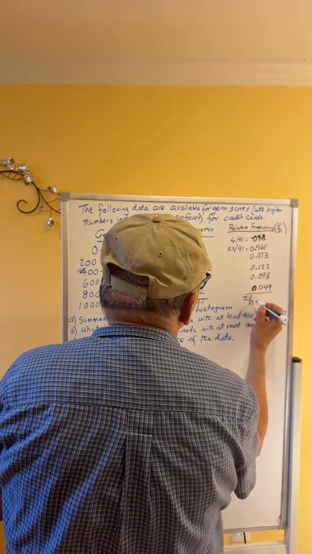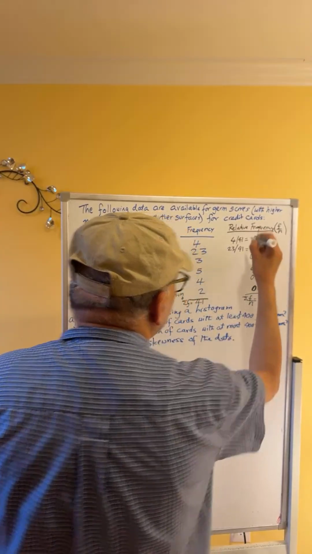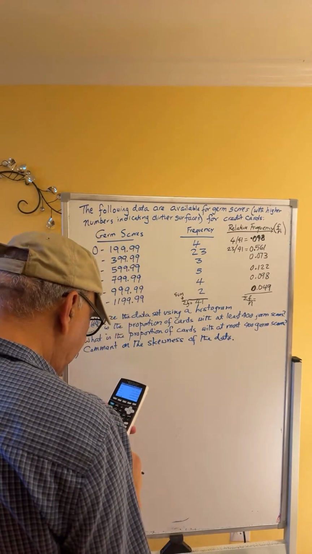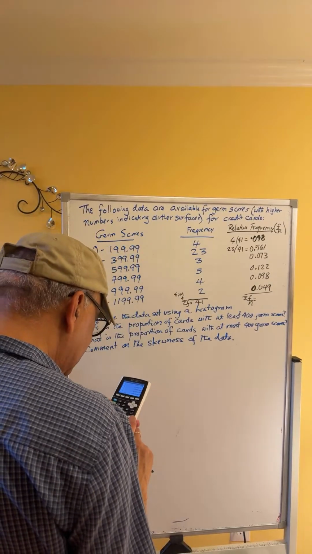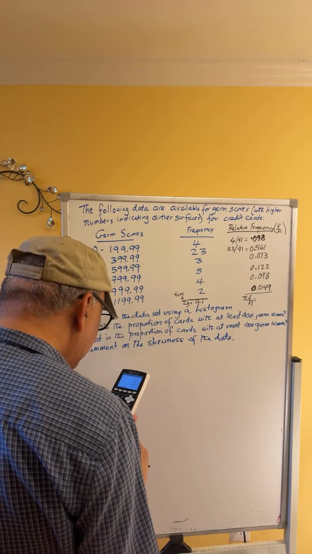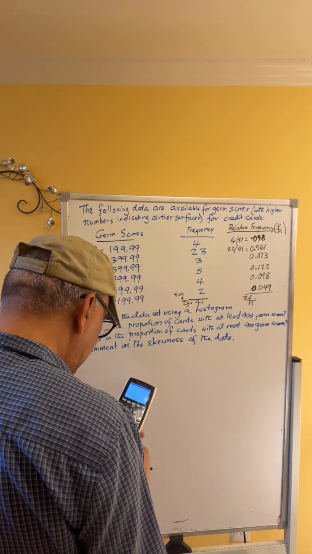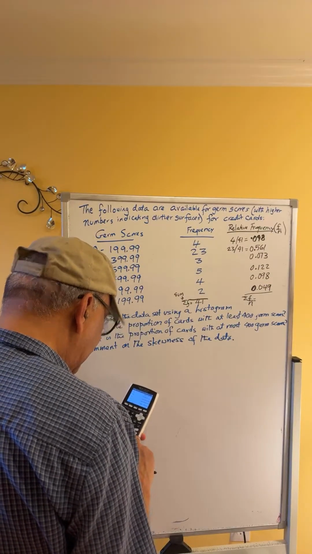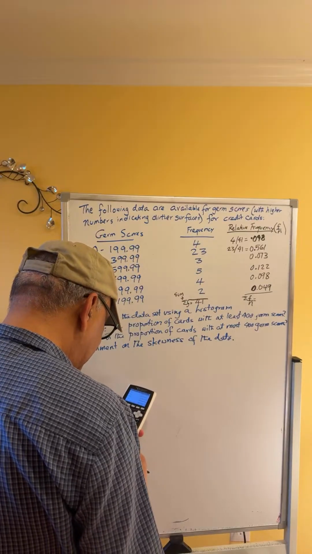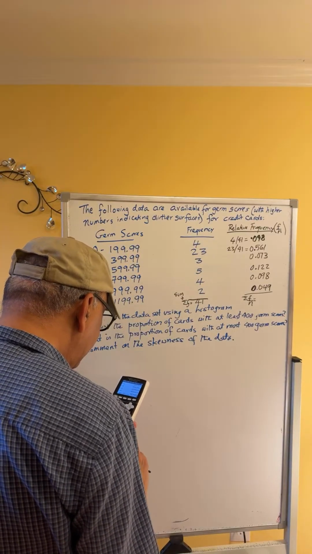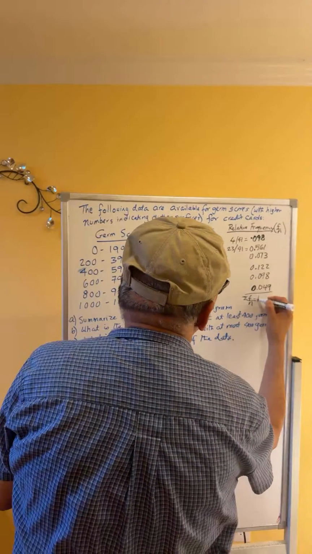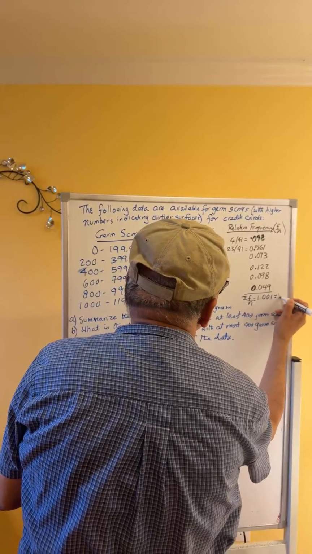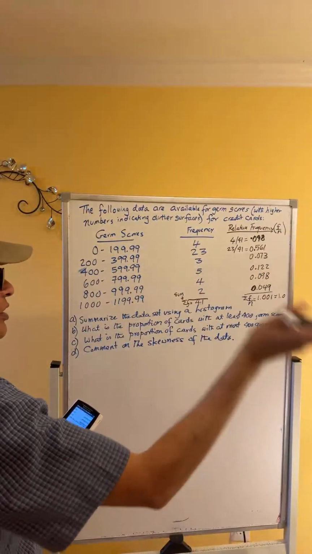The sum of relative frequency, f over n, if you add all these decimals, 0.098 plus 0.561 plus 0.073 plus 0.122 plus 0.098 plus 0.049, is actually equal to 1.001, which is close to 1, which you want, because the total should add up to 100% or 1.